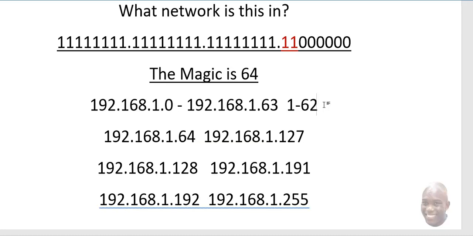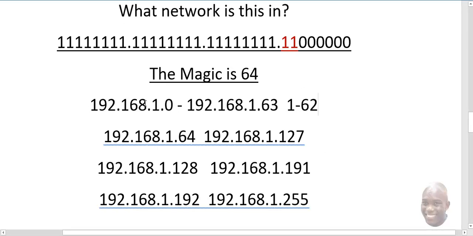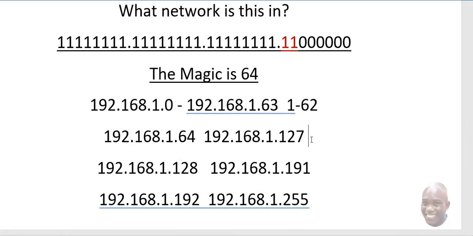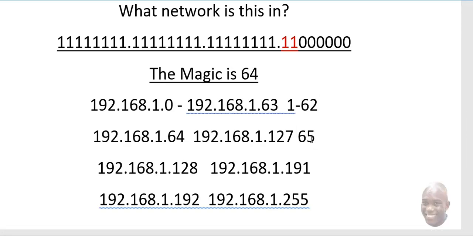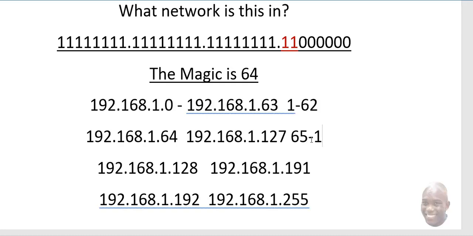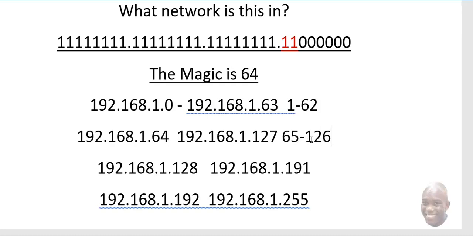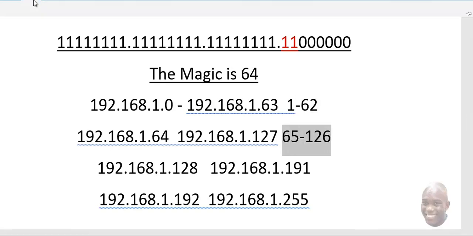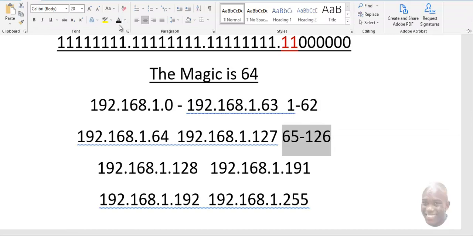Usable hosts, because you can't use 0 and you can't use 63, because 63 is a broadcast address and 0 is considered the network address. This one here will tell you the same thing: usable hosts will be between 65 and 126. And I should put this in red just not to confuse you all too much, in terms of usable hosts.